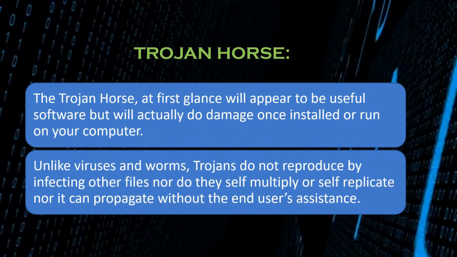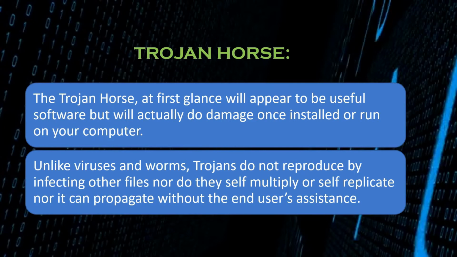Now, Trojan horse. A Trojan horse basically appears to be useful software, but will actually do damage once installed or run on your computer. Unlike viruses and worms, Trojans do not reproduce by infecting other files, nor do they self-replicate.